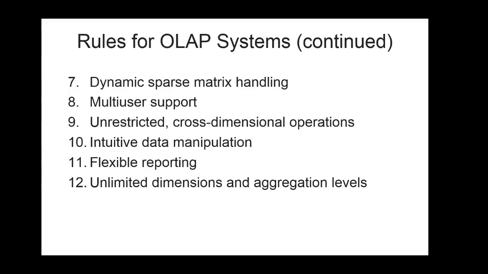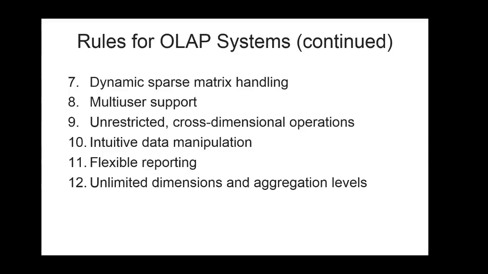Metrics handling: missing data should be handled correctly and efficiently, and not affect the accuracy or speed of data retrieval. Multi-user support: OLAP software must provide secure concurrent retrieval of data. Unrestricted cross-dimensional operations: users must be able to perform the same operation across any number of dimensions.